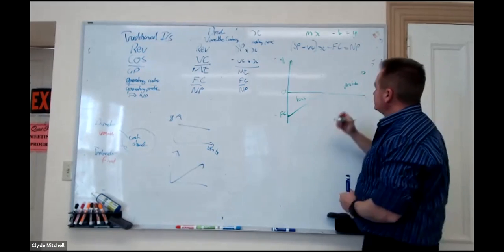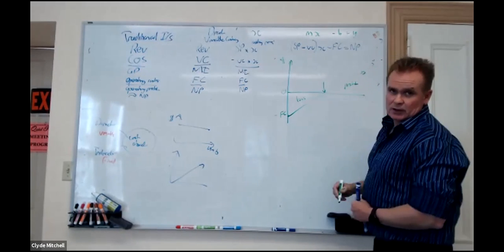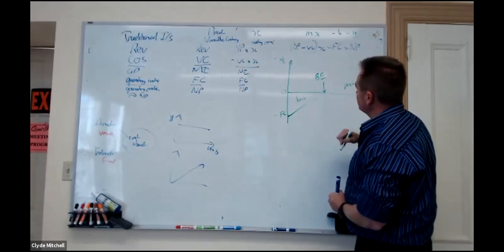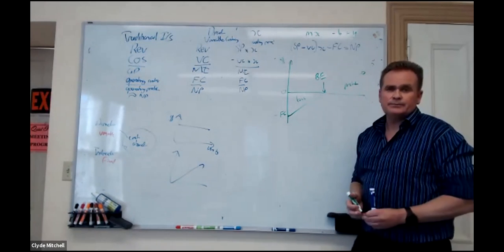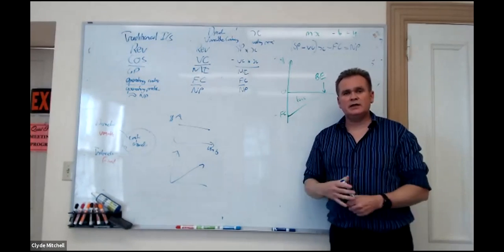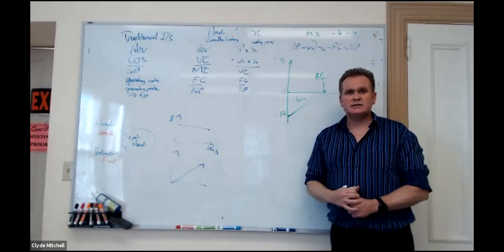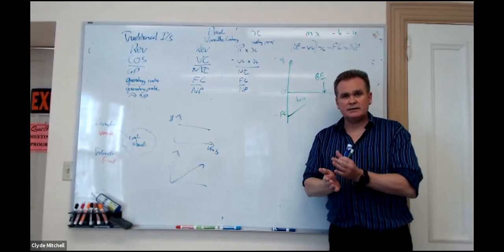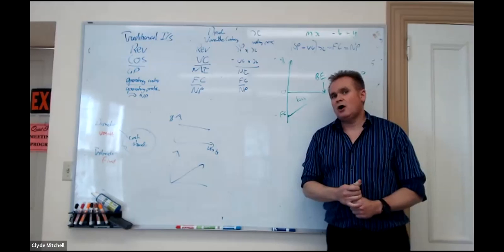What's of particular interest to us is this specific point, which is known as the break-even point. BE stands for break-even. It's where the profit is 0. Why is that important? Every organization needs to know how many products they need to sell, how many customers they have to have before they start making a profit. That is your minimum target.